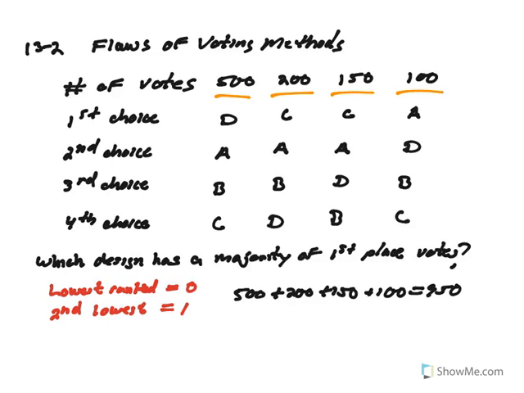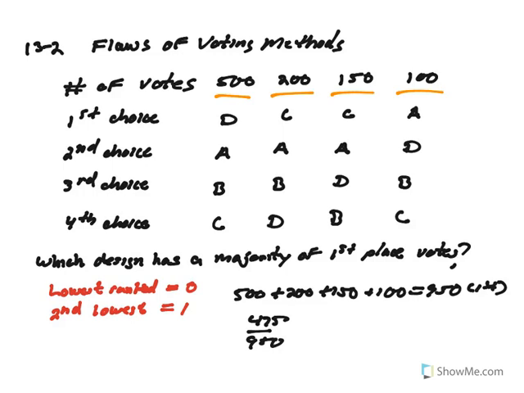So you have to do that first. Since there are 950 first choice votes, we need to determine which design received more than half of these votes, which in this case would be 475 out of 950.